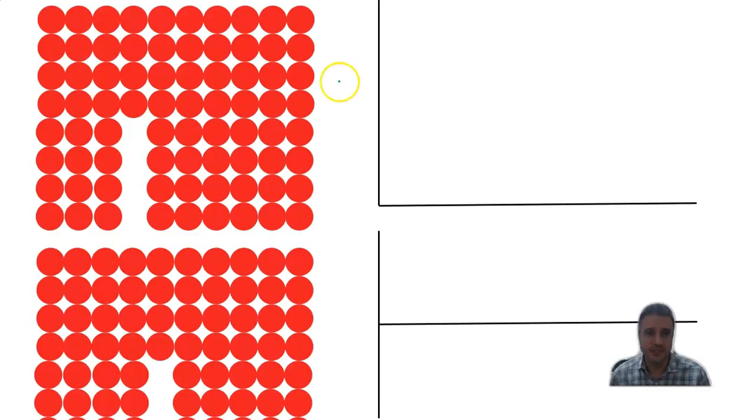But what happens to the dislocation when this dislocation moves? Here I plot a curve which shows the energy of the dislocation with respect to the distance.